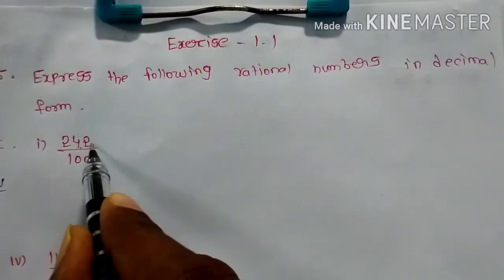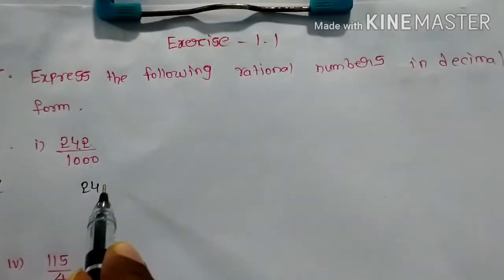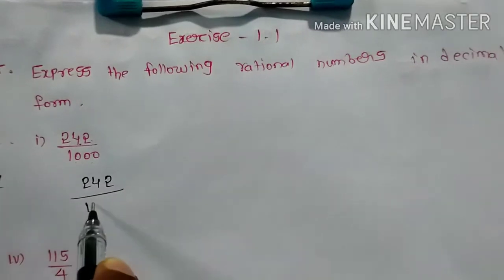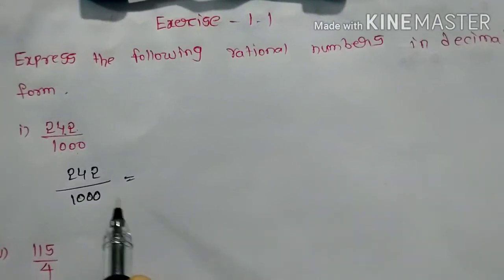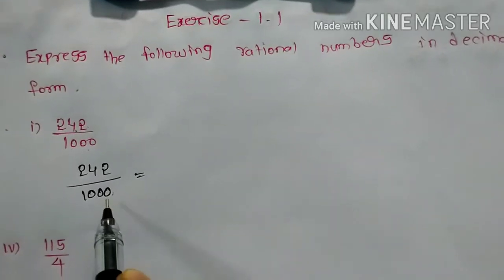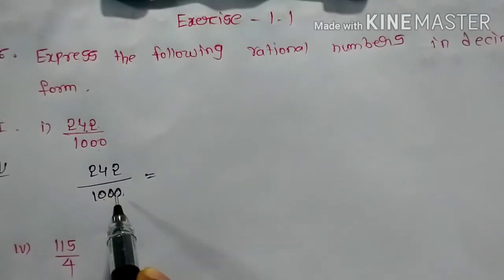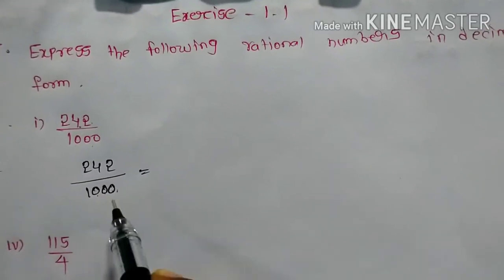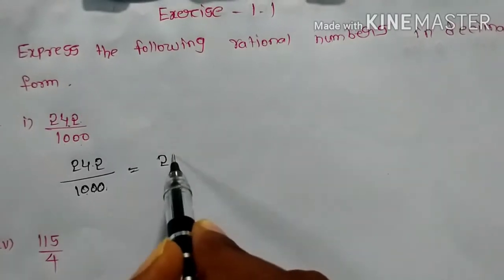See here, 242 by 1000. It's very easy. Just see, in the denominator how many zeros do we have? 1, 2, 3. In the denominator we have 3 zeros. So first you write the numerator 242.